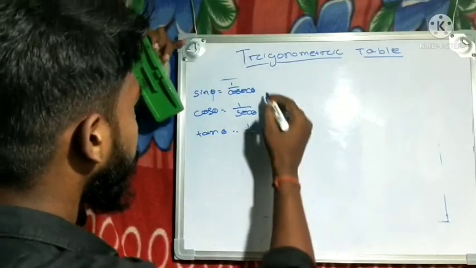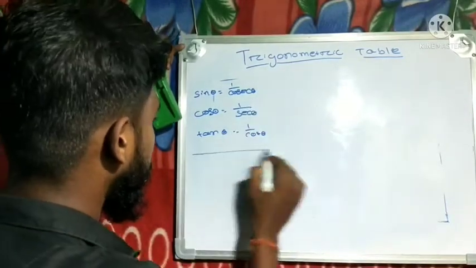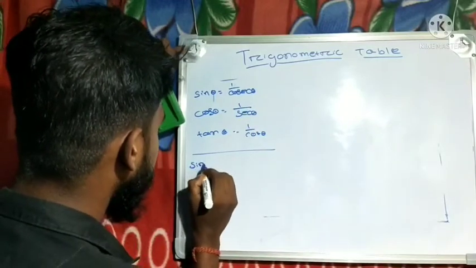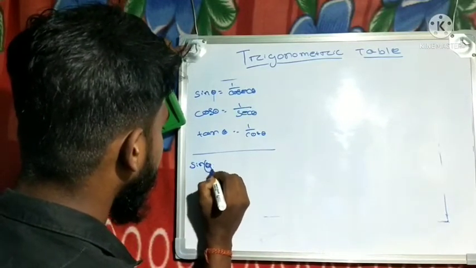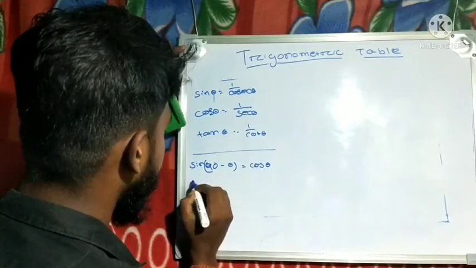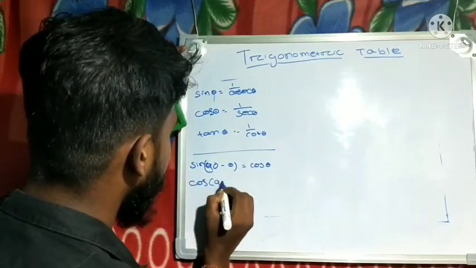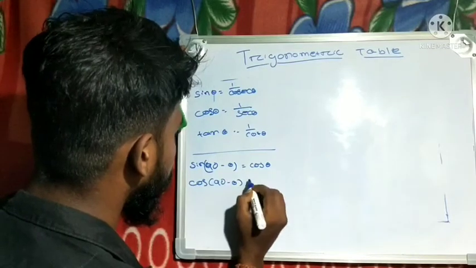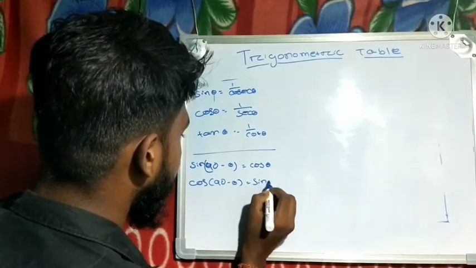Then there is another formula. Sin 90 minus theta is equal to cos theta. Cos 90 minus theta is equal to sin theta.